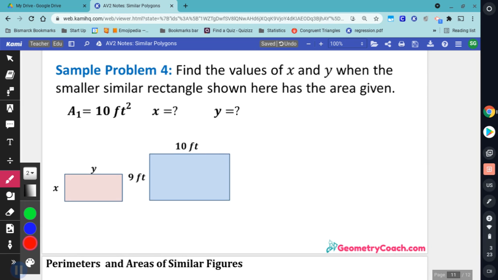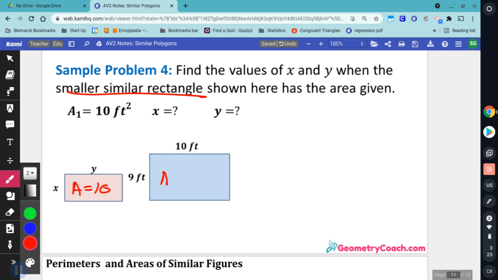Okay, find the values of x and y when the smaller rectangle shown here has the area given. The smaller similar rectangle, so this one has the area of 10. X equals, y equals.